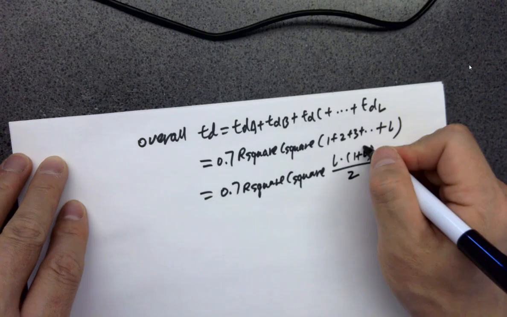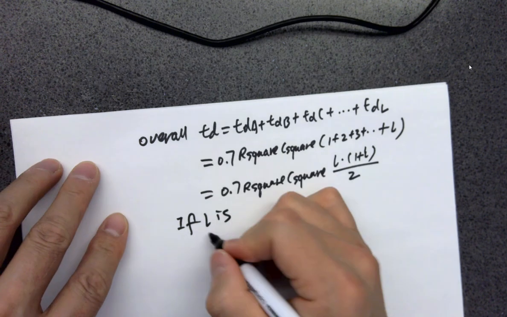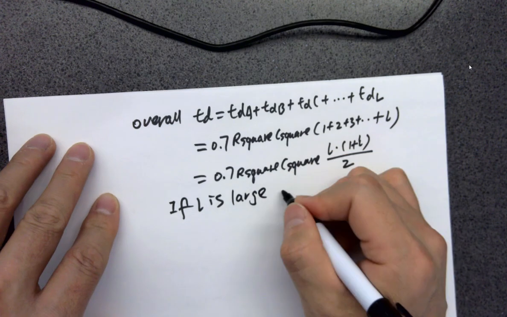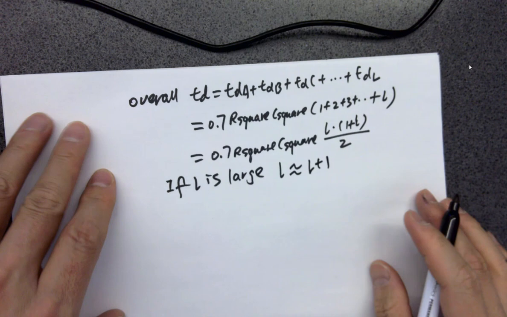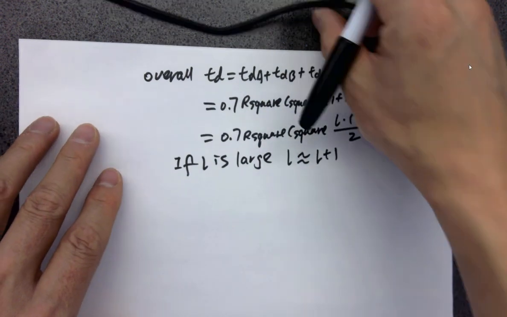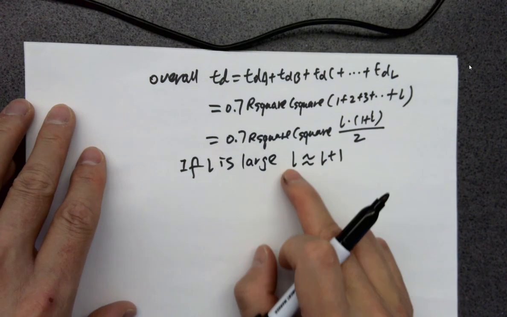If L is big enough, or if L is a pretty large number, L is pretty much equal to L plus 1. Doesn't matter. 1,000 is pretty much equal to 1,001, right? So whenever it's large enough, L is almost L plus 1.